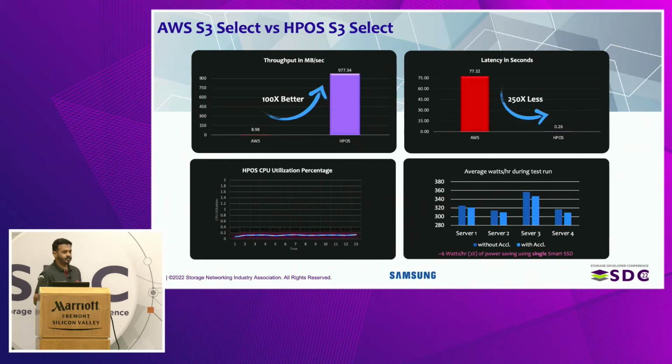Same thing on the latency, how fast you can get your query back between the two. And one of the important key takeaways is the CPU utilization, right? If you are executing that on a standard S3, any object store, you're going to use a CPU. In this case, CPU utilization is almost negligible because, again, all the query is happening at the smart SSD.